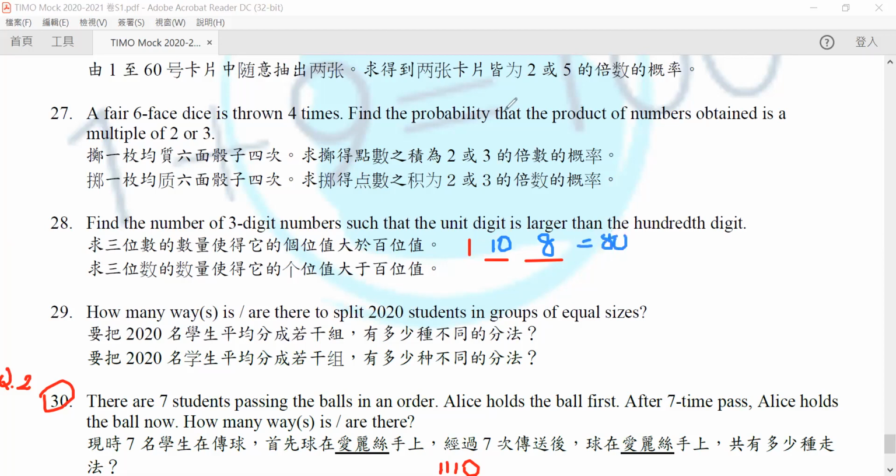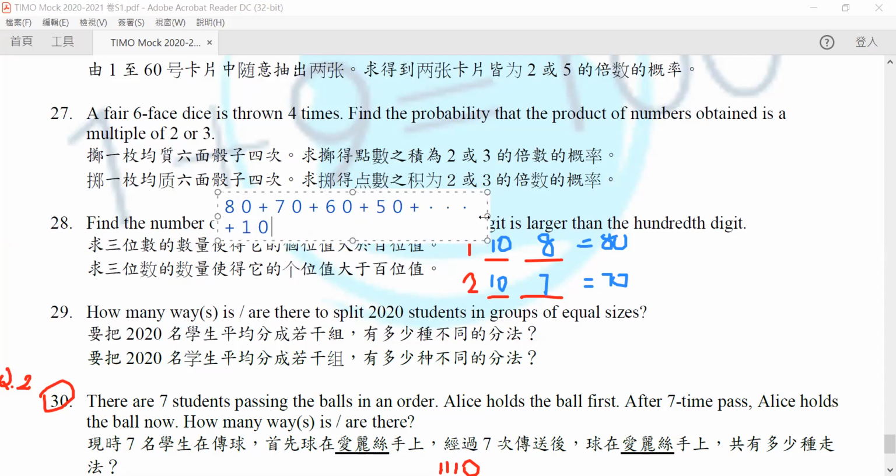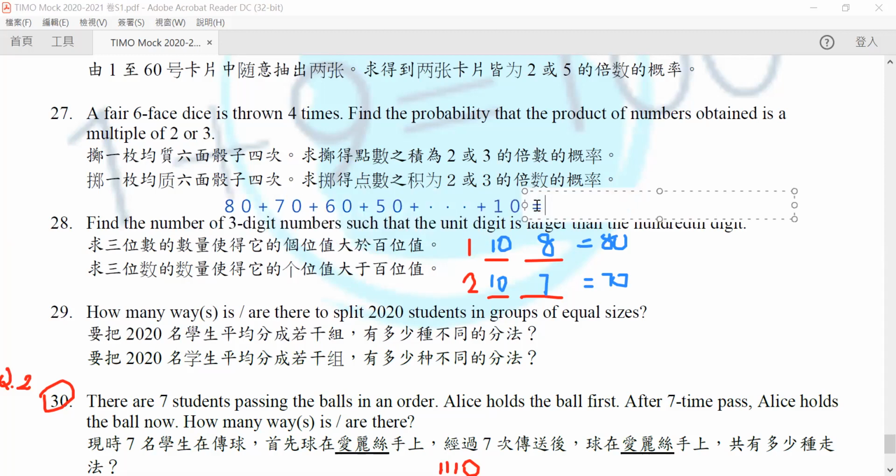If the hundreds digit is 2, it has only 70, because the middle has 10 and there are only 7, so this is 70. So we know that this answer must be 80 plus 70 plus 60 plus 50 plus ... down to 10, which is equal to 8 plus 1 times 10, divided by 2, which is equal to 360.